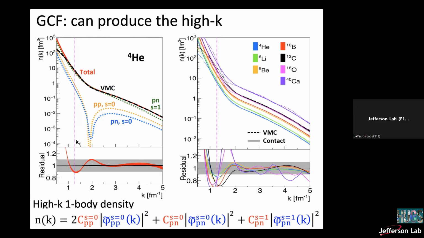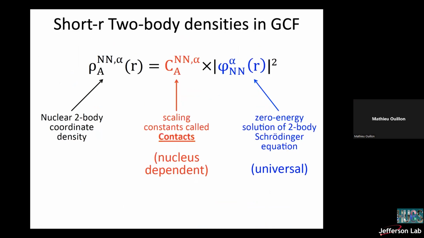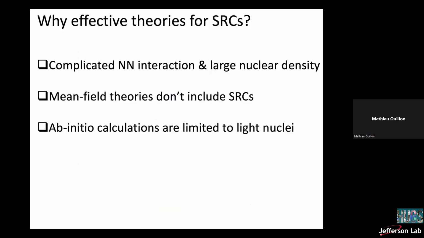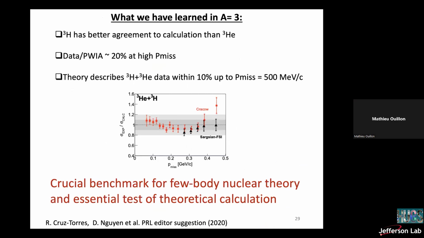There's a question from Matteo also. Yes. Maybe I just didn't hear it, but you speak a lot about the np pair and pp pair, but you didn't speak about the neutron-neutron pair. Right.